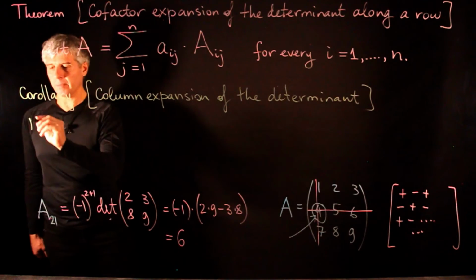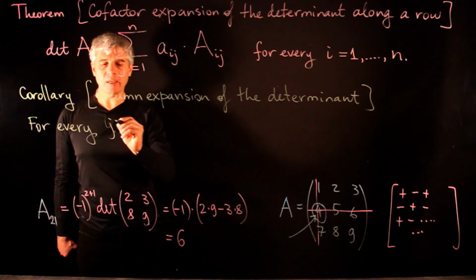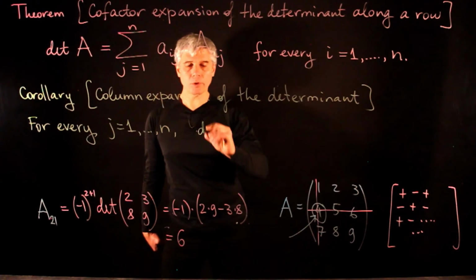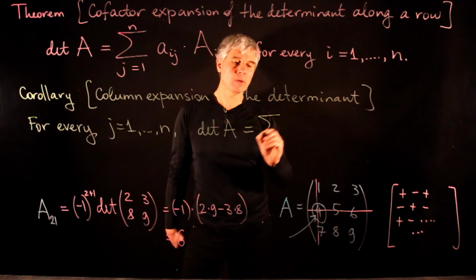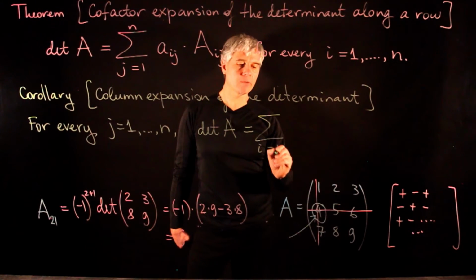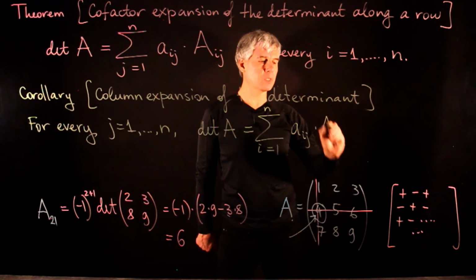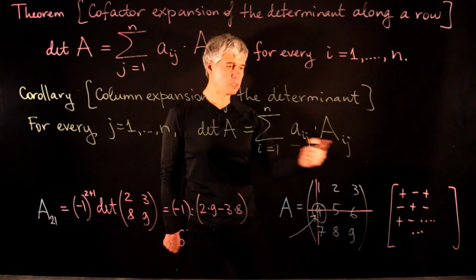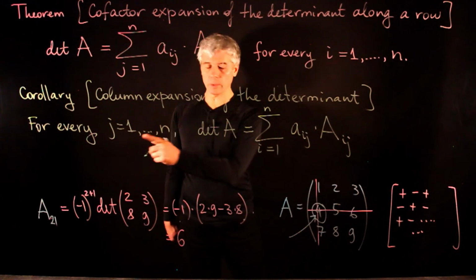For every j from 1 to n, the determinant of A is equal to the sum over i running from 1 to n of a_ij times A_ij. So here, this expansion is taken over column number j.